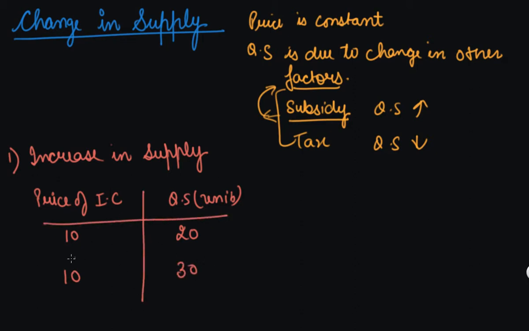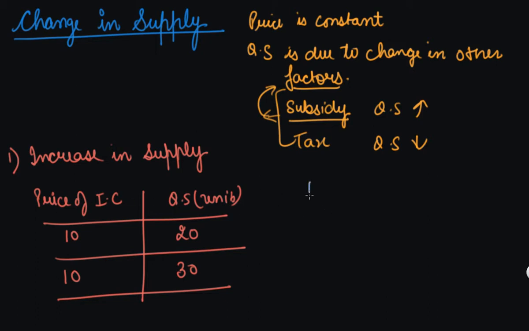So this is due to other factors. Maybe your costs have reduced, maybe you are giving a subsidy, maybe you have improved your technology, and you have changed your goal of the firm.